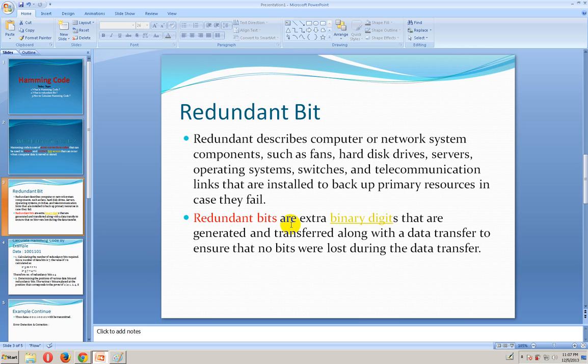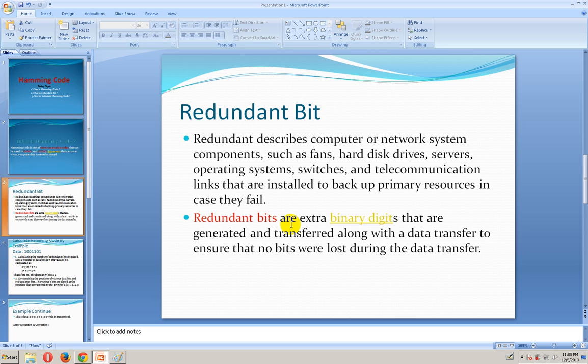Redundant describes computer or network system components such as fans, hard disk drives, servers, operating systems, switches, and telecommunication links that are installed to back up primary resources in case they fail. That means some extra information is sent through when sending this type of information, so just extra bits.